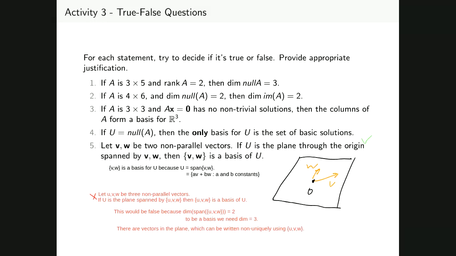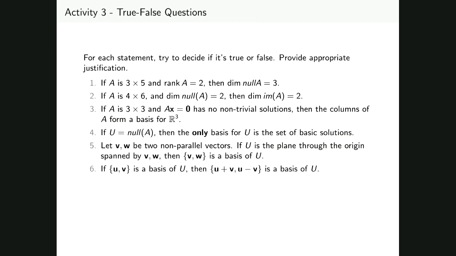Okay, very good. So let's move on to the next question from the activity. If U, V is a basis for U, then U plus V, U minus V is a basis. Aha, okay. So what we need to do here is check that these guys span the same object.